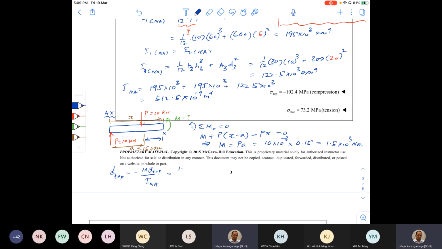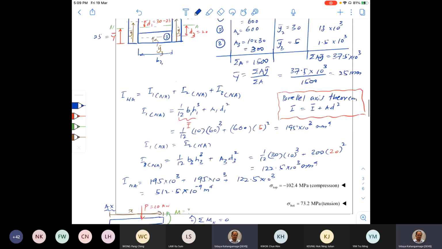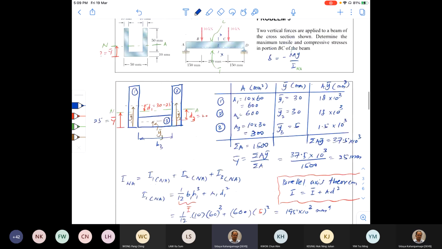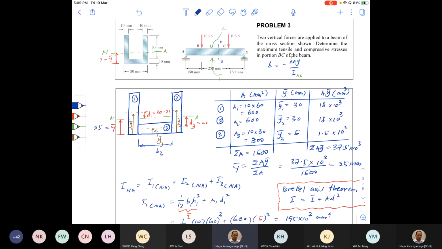So now substitute the numbers, negative 1.5 into 10 power 3 into Y top. What is Y top? Y top, that is the distance from the neutral axis to the top surface. That is this distance. This is Y top. Total is 60, 60 minus 25, so that is 35 millimeters.